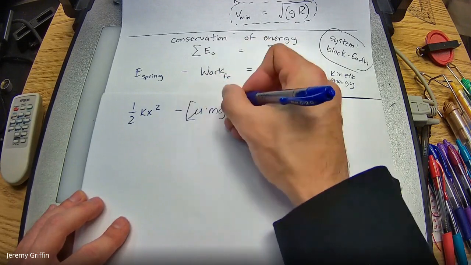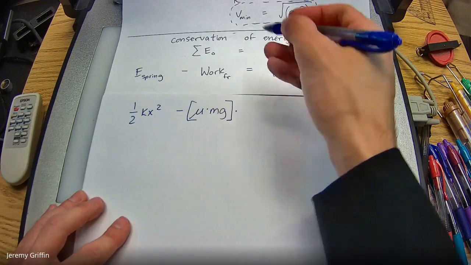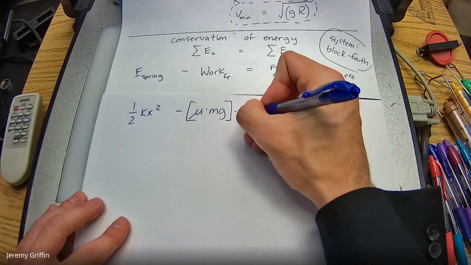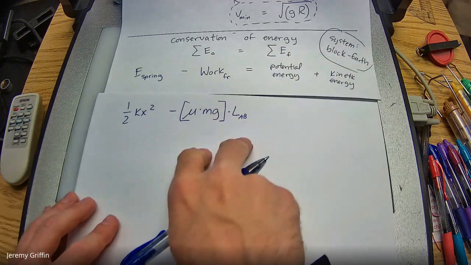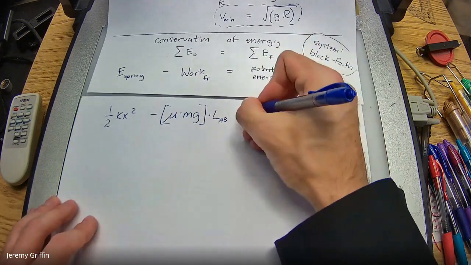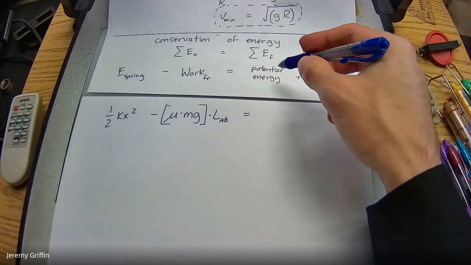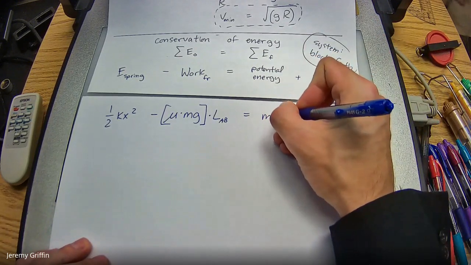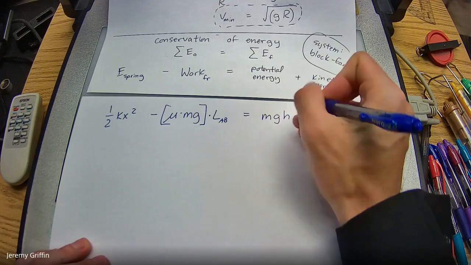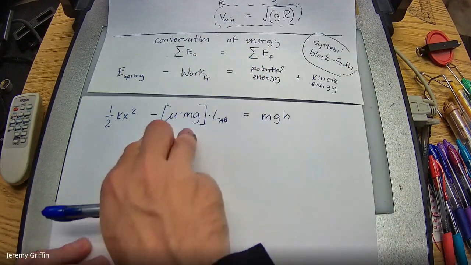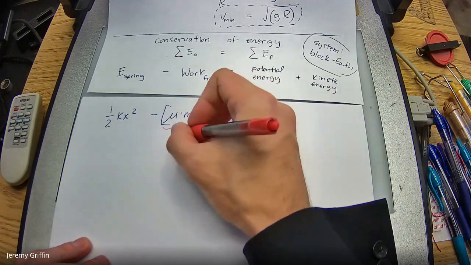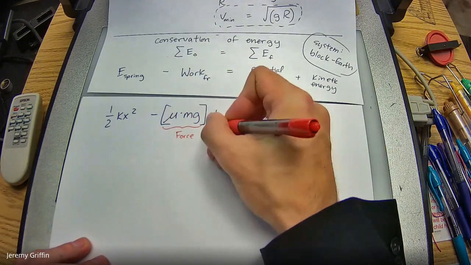So there's the force, and then times the distance that it acts over, which would be basically the length AB, right? And the leftover energy better do 2 things. It better lift the block to some height. Here's the expression associated with this, mgh, which is also sort of a force times distance if you think about it. So we've got a force here, just in red ink maybe. This is a force. This is a distance.